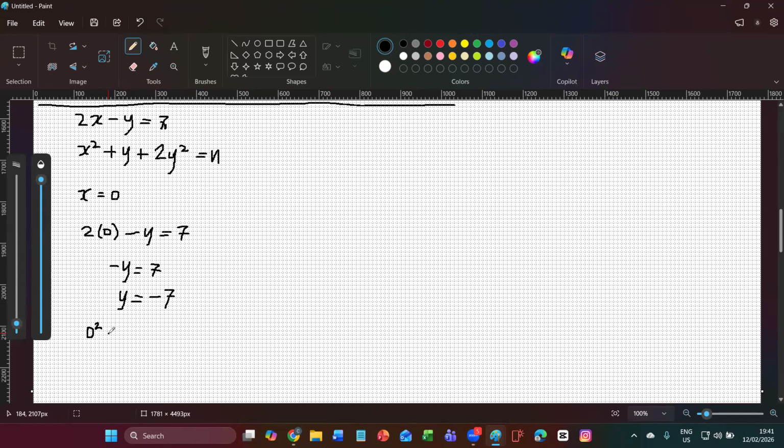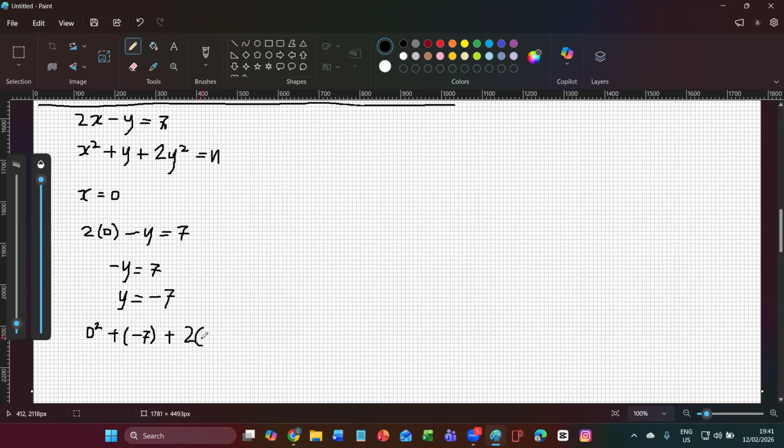The y is minus 7. So I'll just put it in brackets so that when I'm done with my substitution, I can evaluate everything. Then plus 2y squared, which is 2 times minus 7 squared.